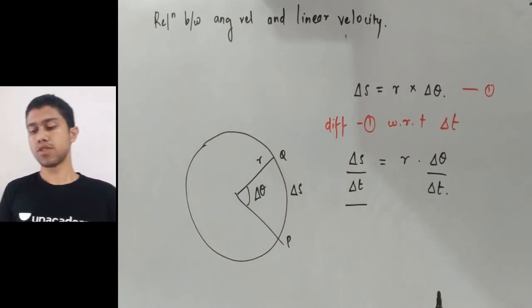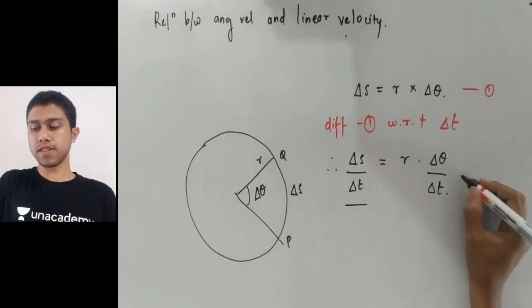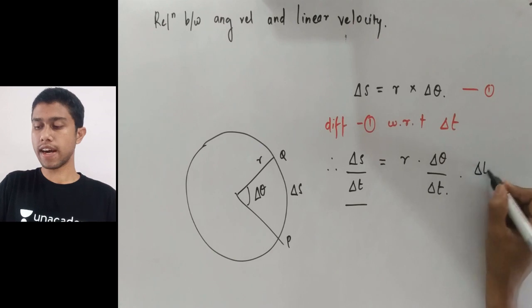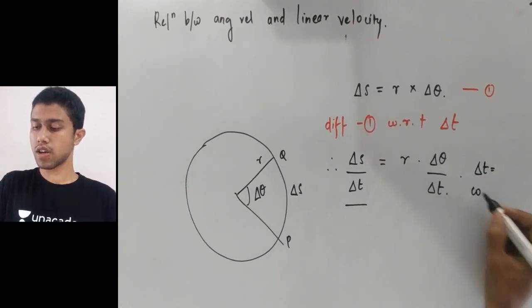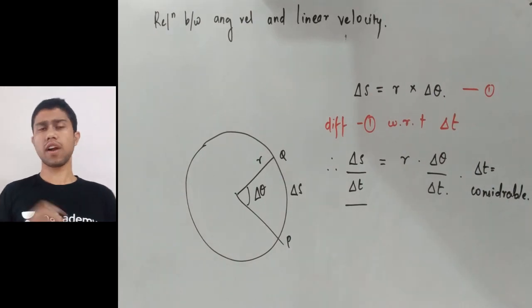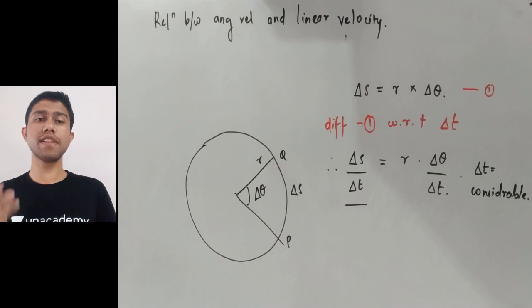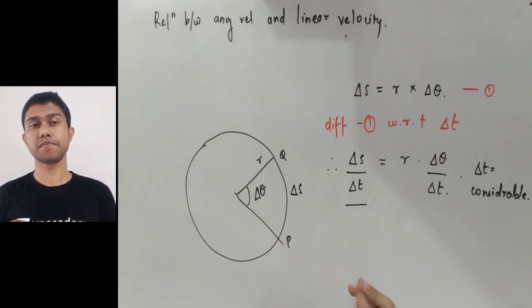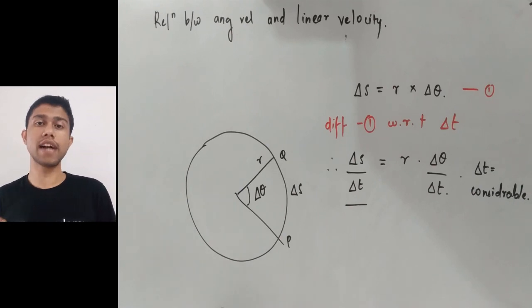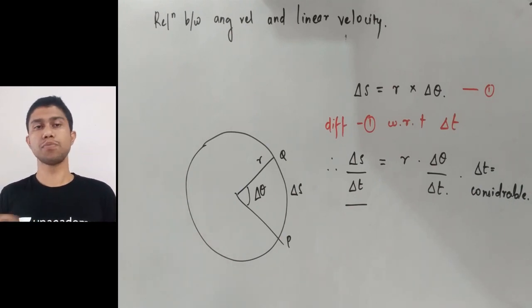Okay, so now we have got this expression. So this expression is true when delta t is considerable, or has a 1 second, 2 second, 3 second. But when delta t is very small, I know what thing to do. I have to put limits such that delta t tends to 0. So now we'll go to put on the limits.